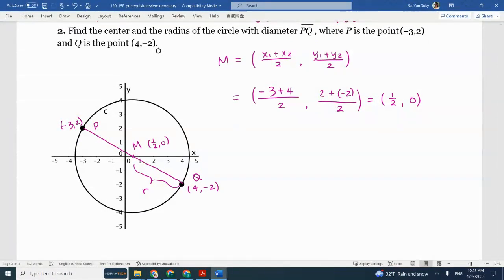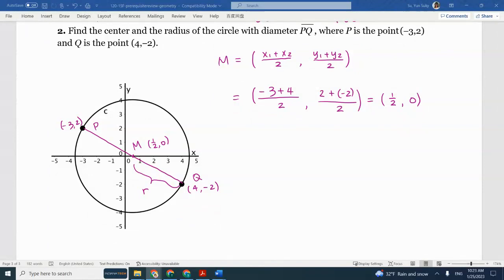You either use the distance formula between point M and Q, or you use the distance formula between points P and Q, which gives us the diameter. And we know the radius is the diameter divided by 2. So that's why we have two ways to compute that.